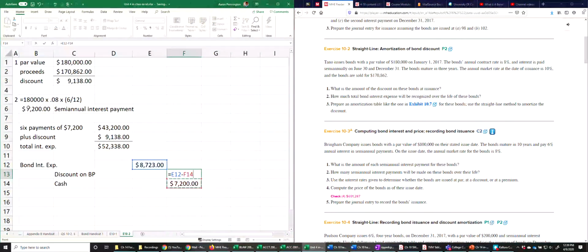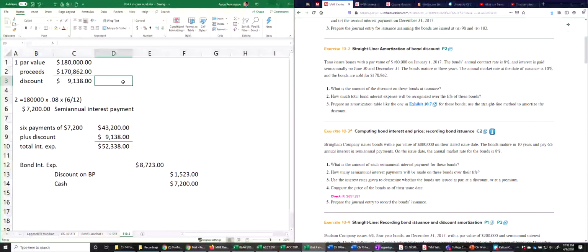And we can plug this, but there's a way we can check as well. So minus 8,007, so that gives us 1,523. And if we're living right, this discount divided by 6 should give us that same number. And it does. All right.